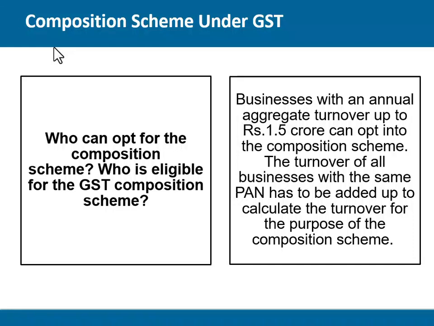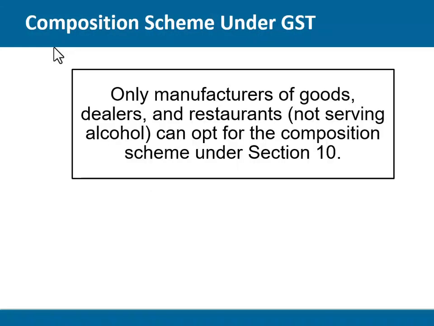So that means the people who have a turnover of 1.5 crores or less, they can go for GST composition scheme. Okay. So what are the benefits and what are the other things? Let's understand. Only manufacturers of goods, dealers and restaurants not selling alcohol can opt for the composition scheme. So this is one.